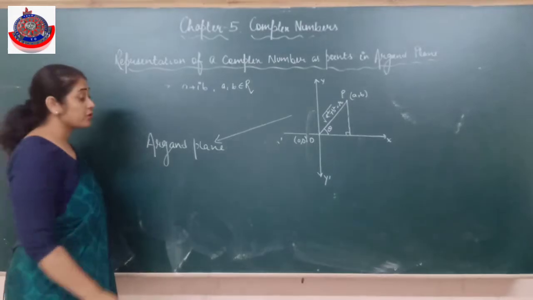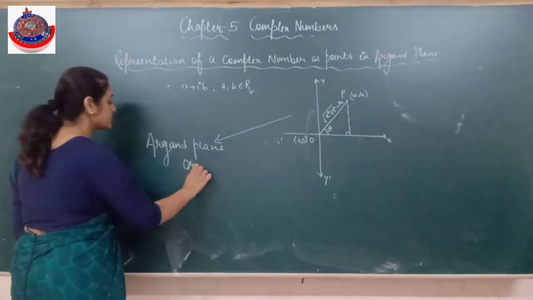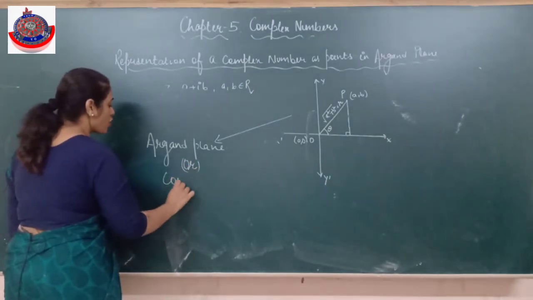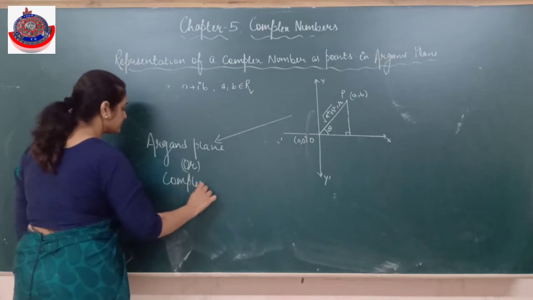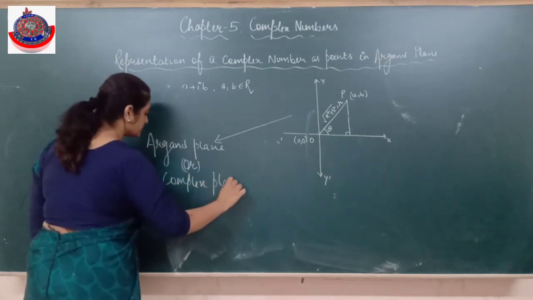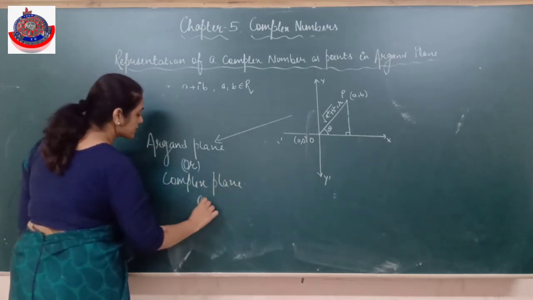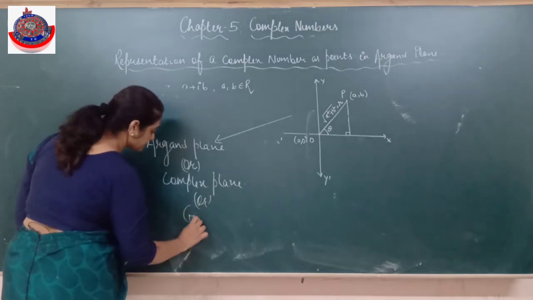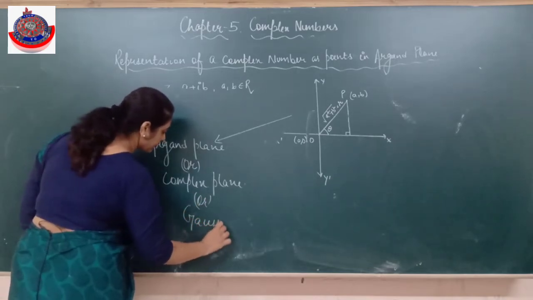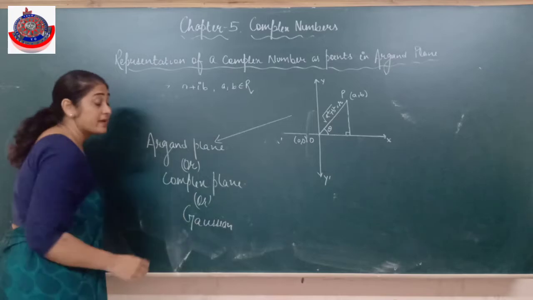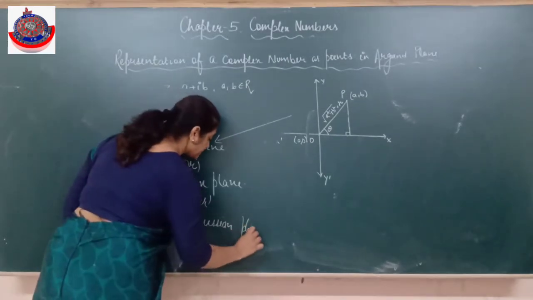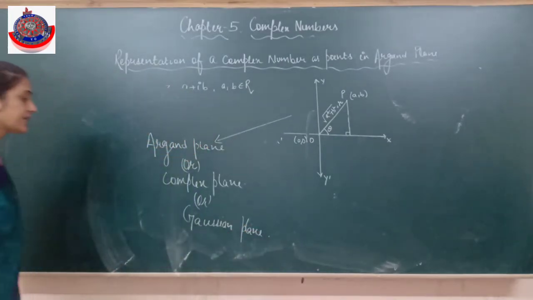The plane on which a complex number is represented is called the Argand plane, or it is called the complex plane, or it is called the Gaussian plane, after the name of the mathematician. Is it clear?